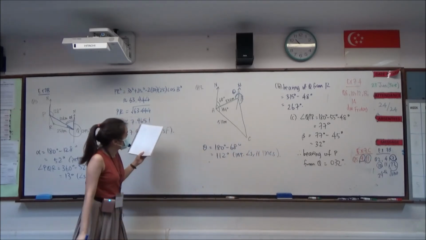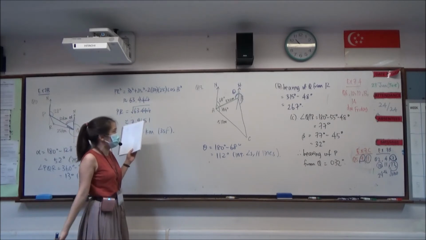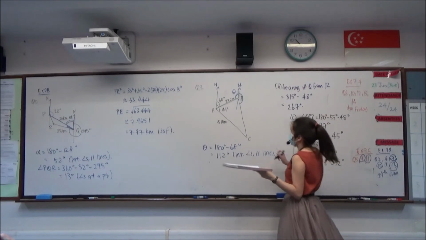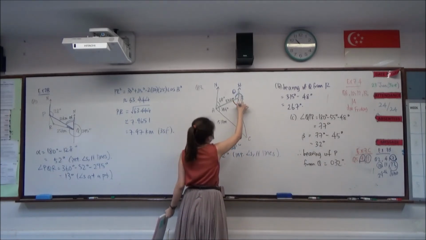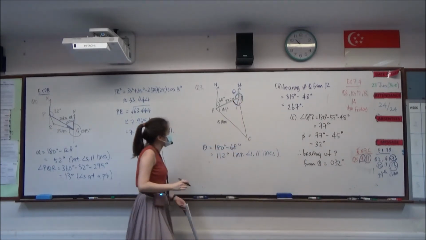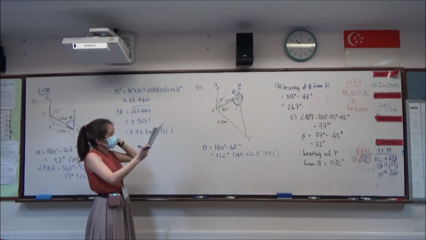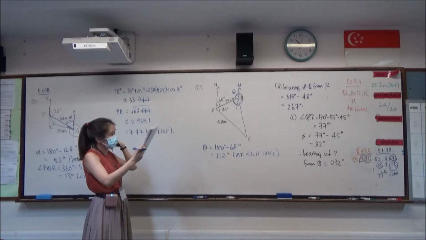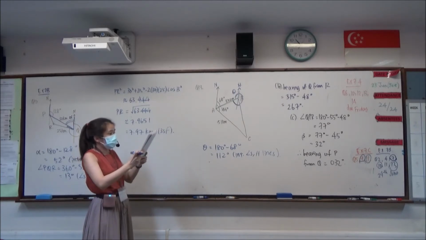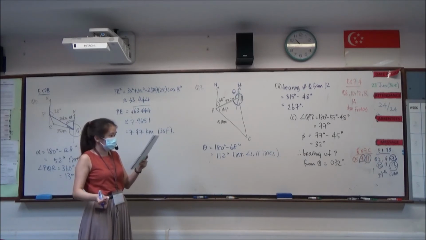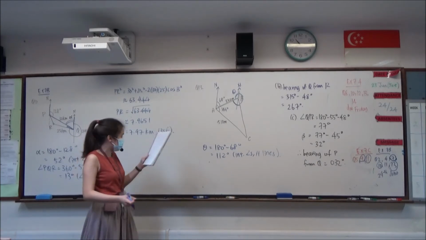Then after having the angle, I would need angle ABC in order to use angles at a point. So are we able to find angle ABC? Earlier in the questions, I have found out angle CAB as well as angle ACB.